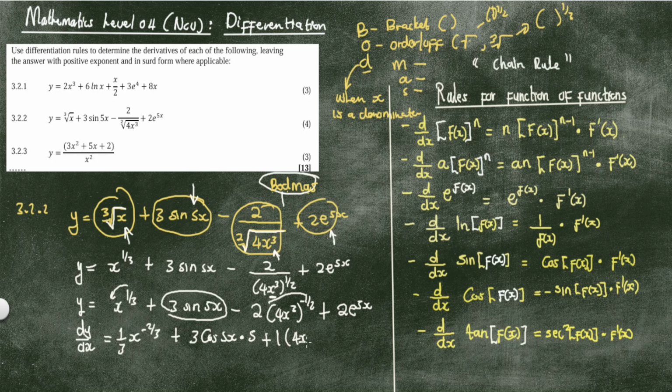Then we have 4x cubed raised to exponent 3 minus half minus 1, that's minus 3 over 2, but let me double check. Yeah.